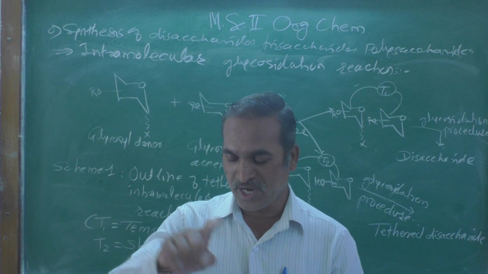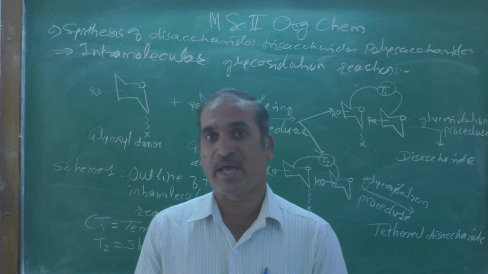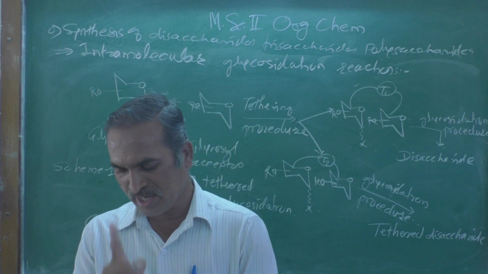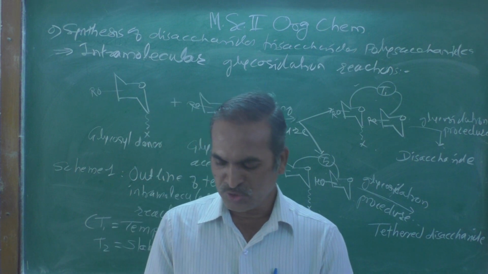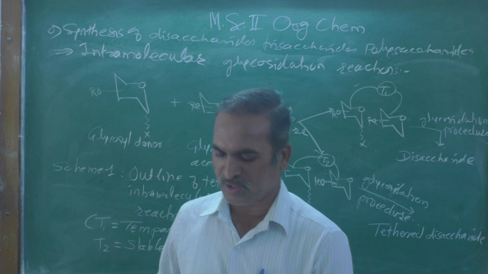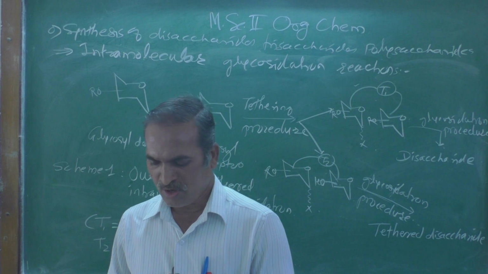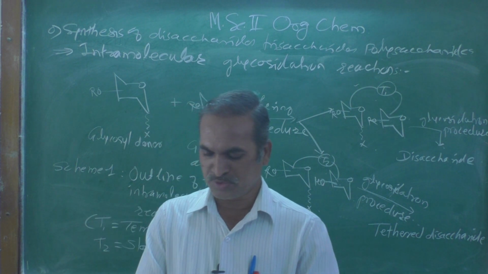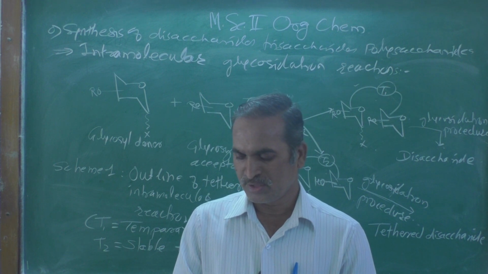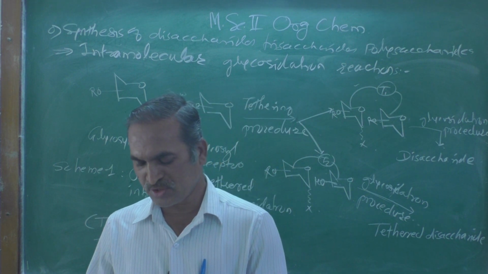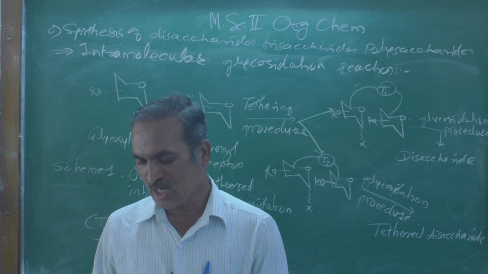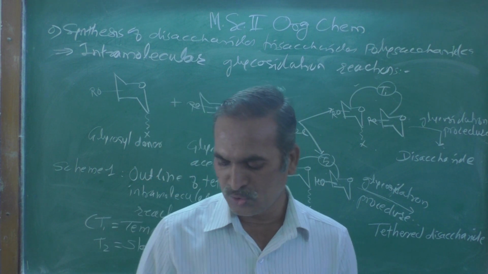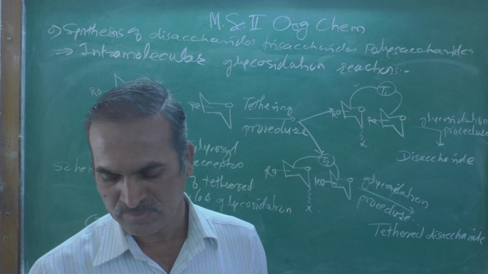In 1991, the scientists Barresi and Hindsgaul reported the first example of an intramolecular glycosidation procedure and introduced the expression intramolecular aglycone delivery.